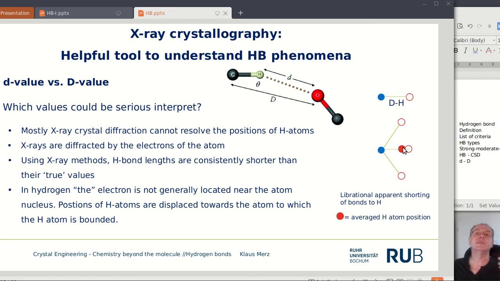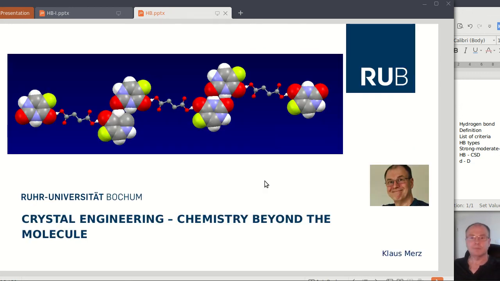But the true distance is the blue and the open circle. This is the reason it is always a little bit smaller. Okay, that's it for the first part of hydrogen bonds. See you for the second part.